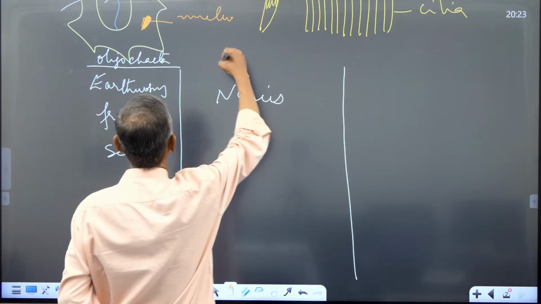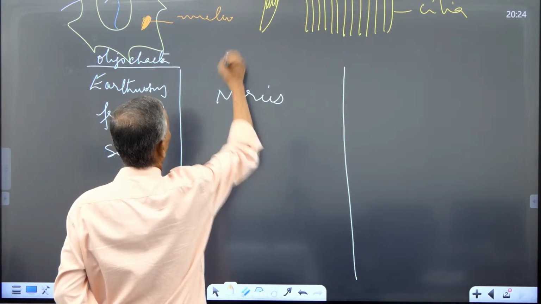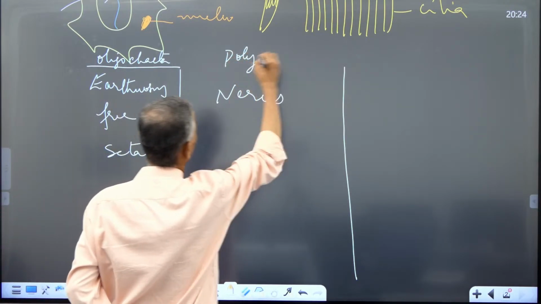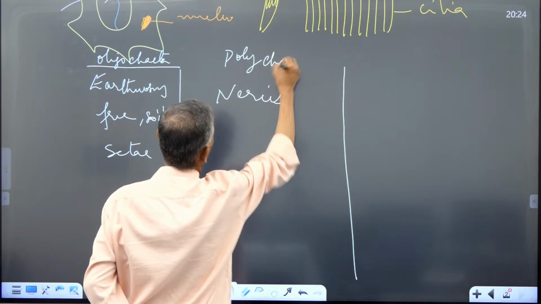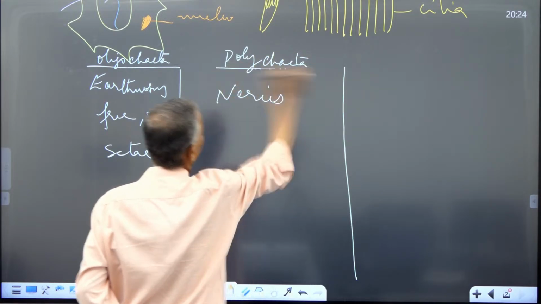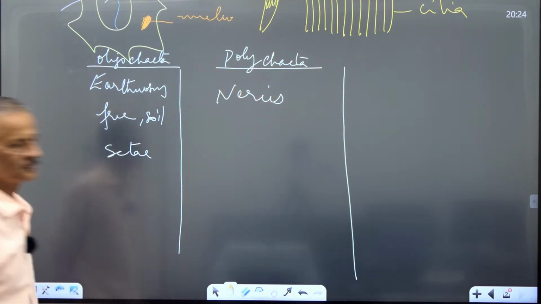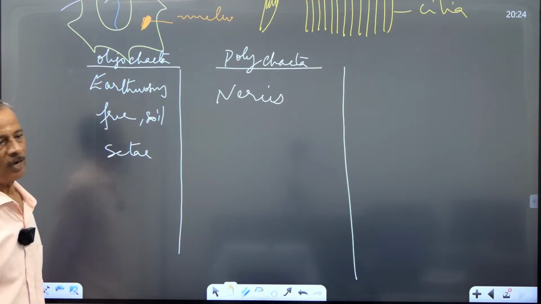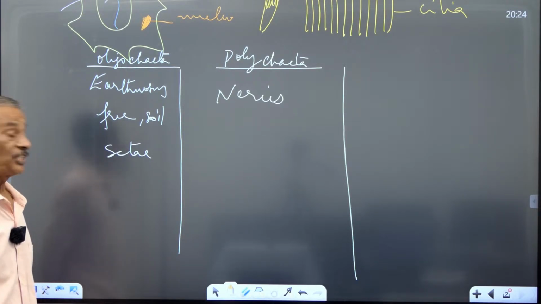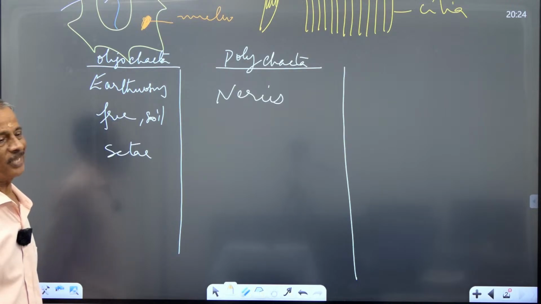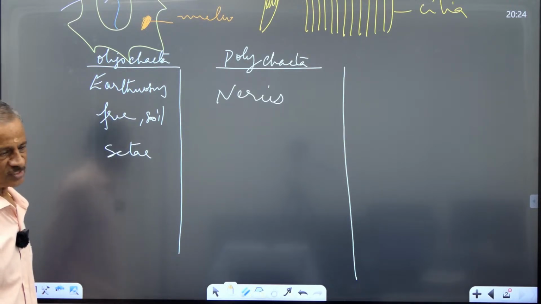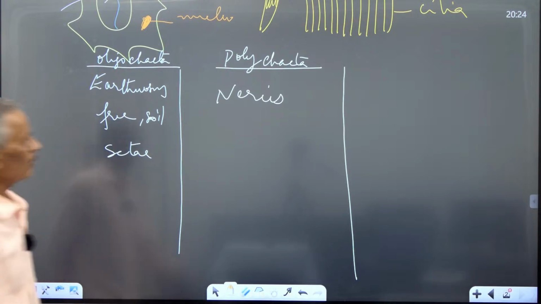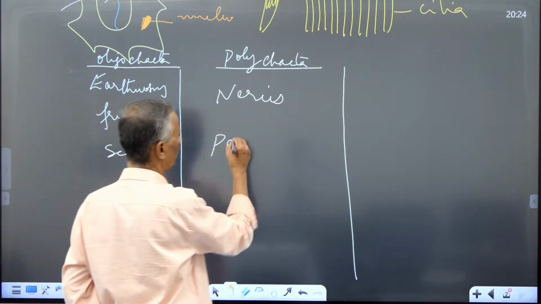And Nereis, it is Polychaeta. Poly means numerous. In Polychaeta, setae are very large in number. They are arranged in bundles in certain special structures on sides of the body called parapodium.